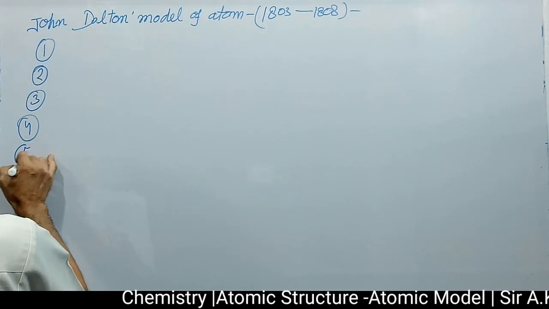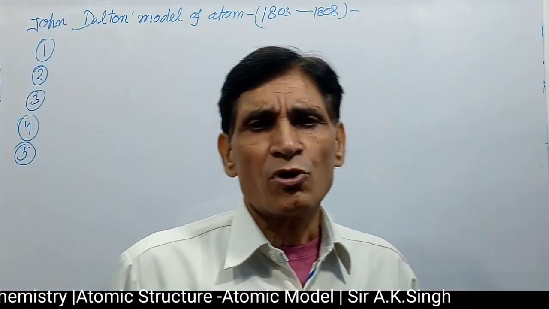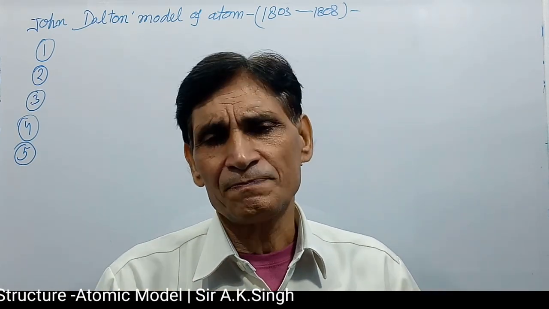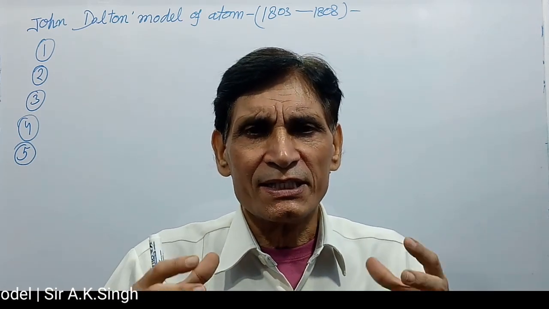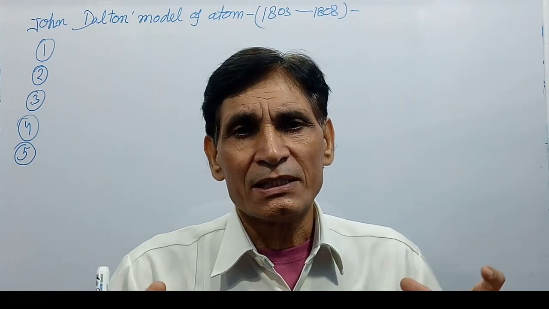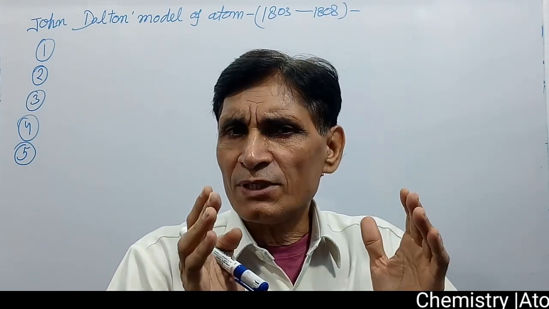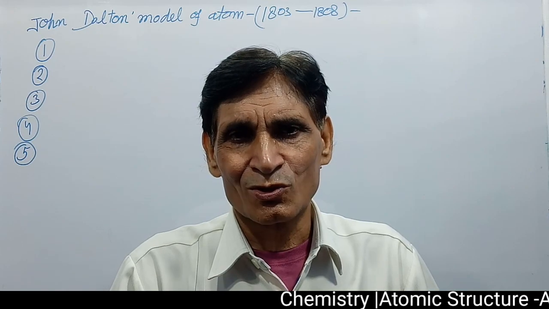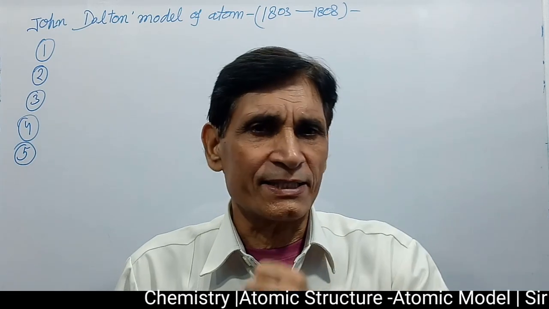Number 5: atoms of different elements combine chemically in a fixed proportion. Fixed proportion means a definite fixed ratio. Once again, atoms of different elements combine chemically in a simple whole number ratio and a fixed ratio by mass to form a new species called compound atoms.